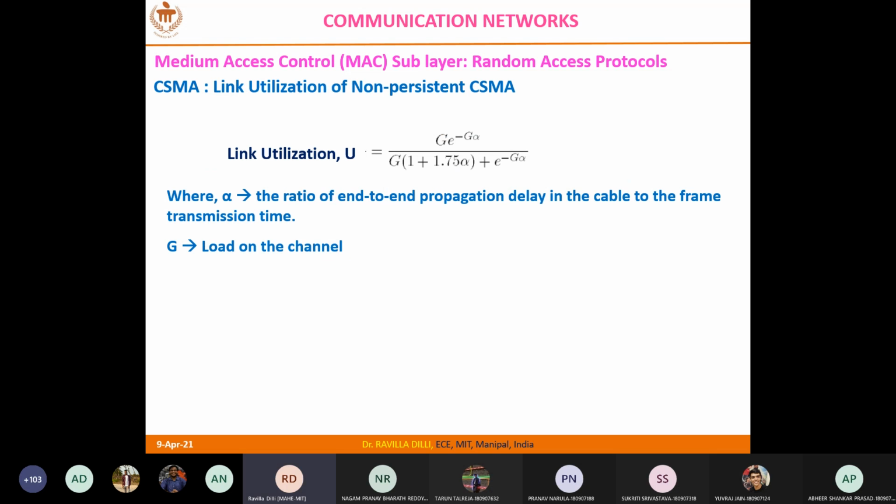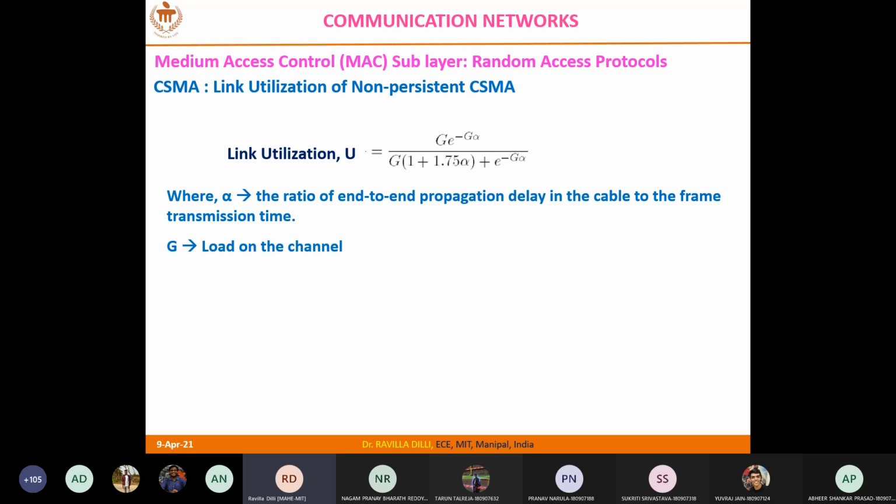This is a predefined formula. There is a minimal derivation behind this, but we are not interested in deriving the link utilization. Instead, you can take it as granted that G is the load and alpha is the ratio of T prop to T frame, same as the previous definitions.